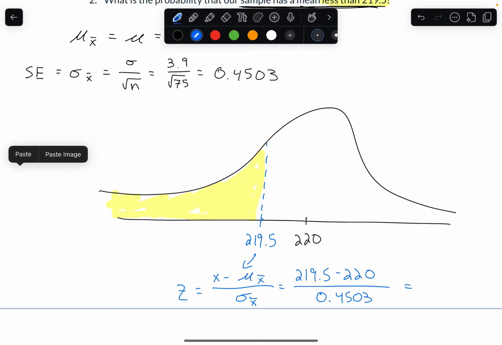So let me do that real quick. Minus 220 divided by 0.4503 gives me, in this case, negative 1.11. So that's my z-score. In this case, I'm already looking for the area to the left, which means I don't need to subtract it from 1.